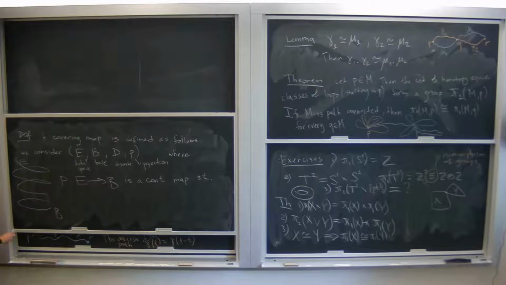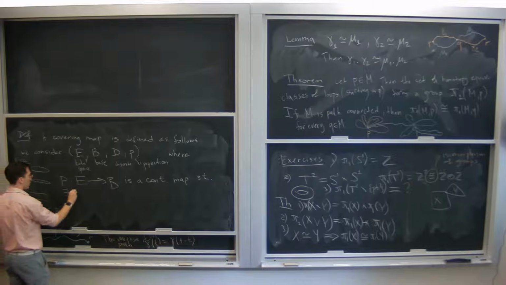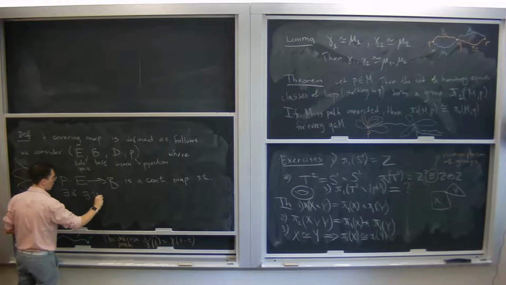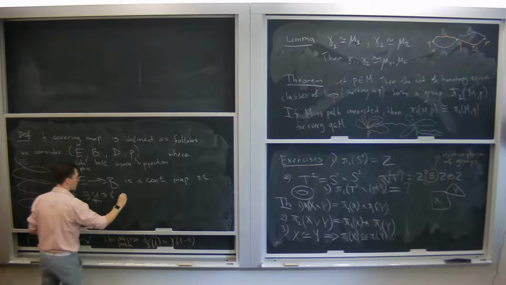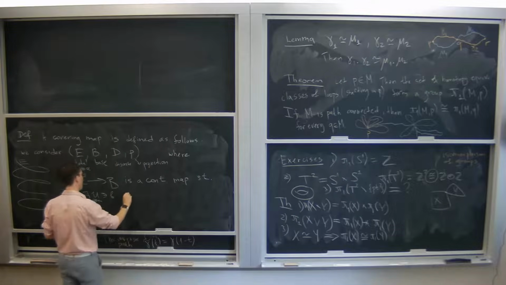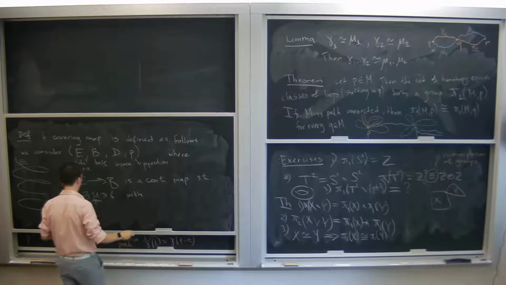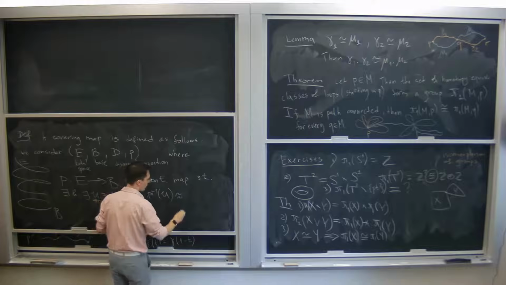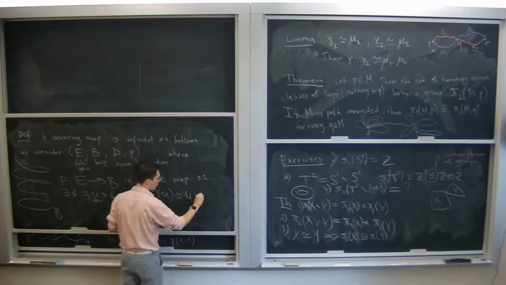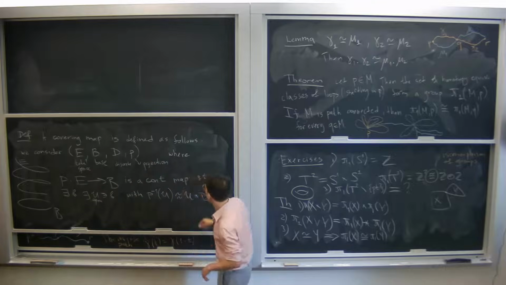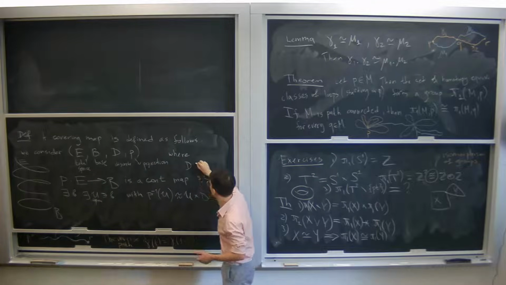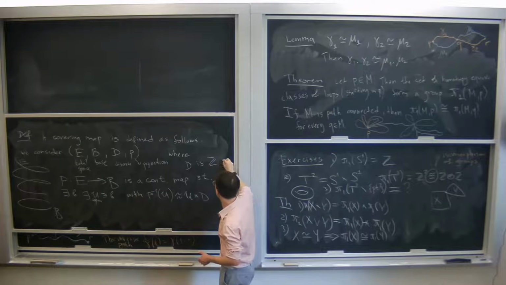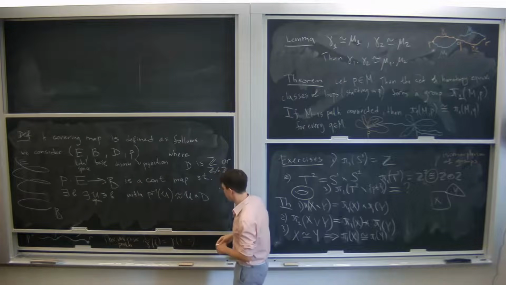So we will do it this way: for every B there exists an open neighborhood U containing B, with the preimage of U being homeomorphic to U cross D. D usually is C, or it is a finite Z over Zn.